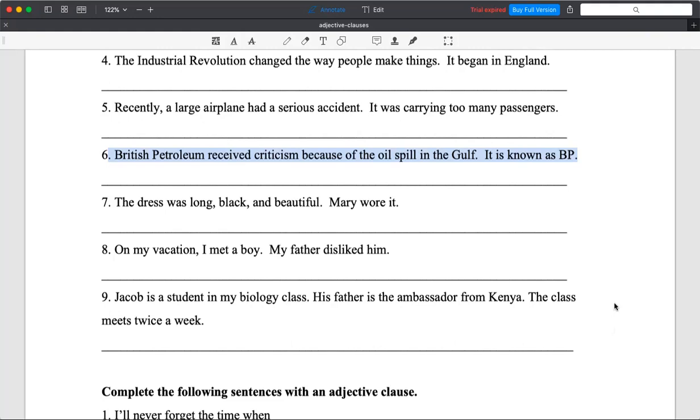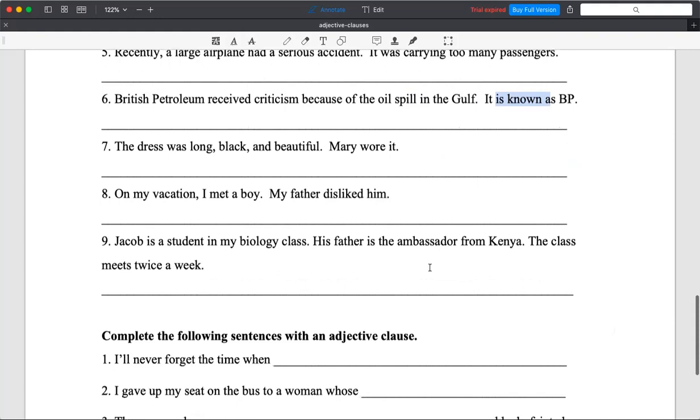I would say which is known, right? Because British Petroleum is a subject. So I would say, and this is passive. So you can use British Petroleum. Try again, Lucas, okay?